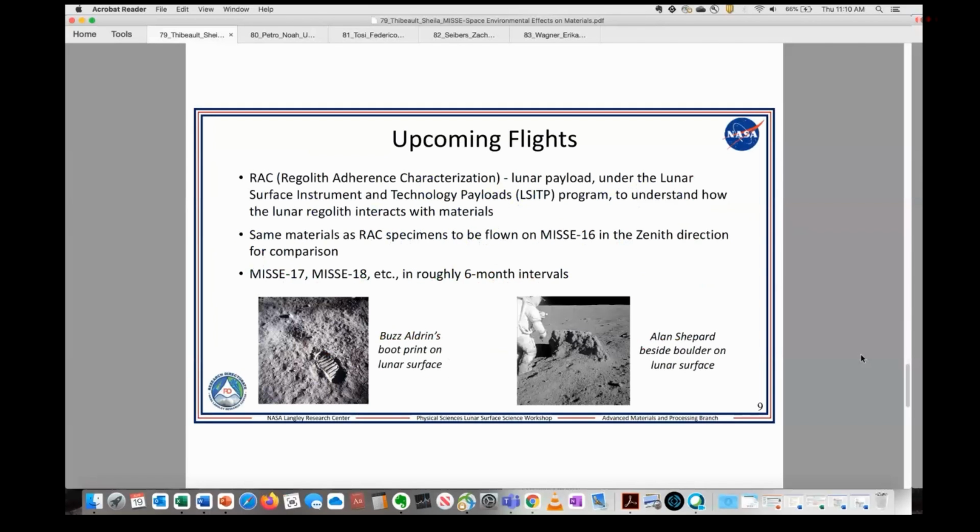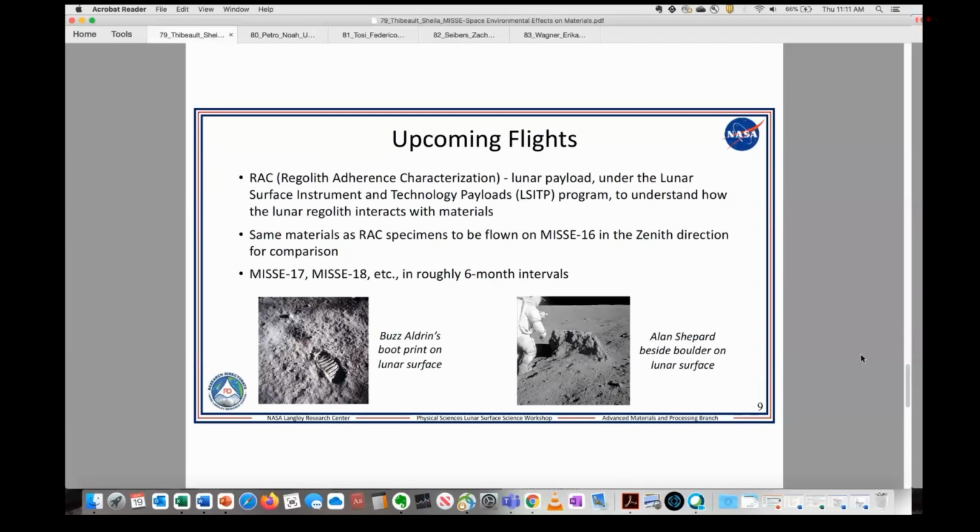With regard to some upcoming flights, the RAC payload I've listed here. Now, RAC is not a MISSY payload. RAC stands for Regolith Adherence Characterization. This is a lunar payload, and the purpose of this is to try to understand more about how the lunar regolith interacts with materials.